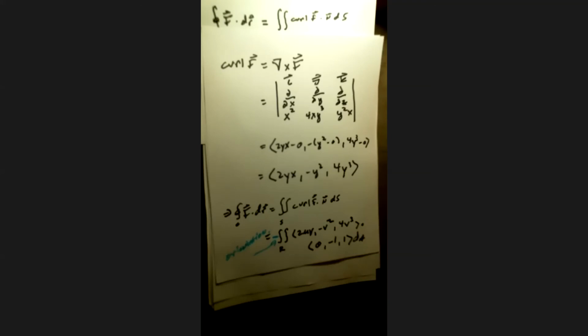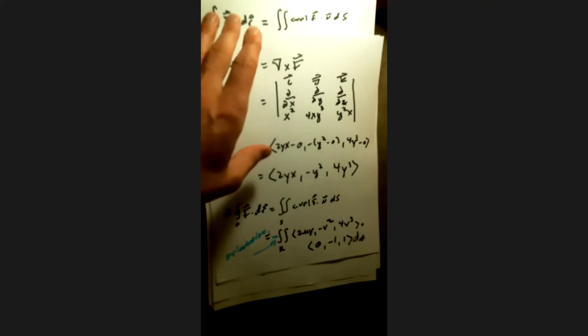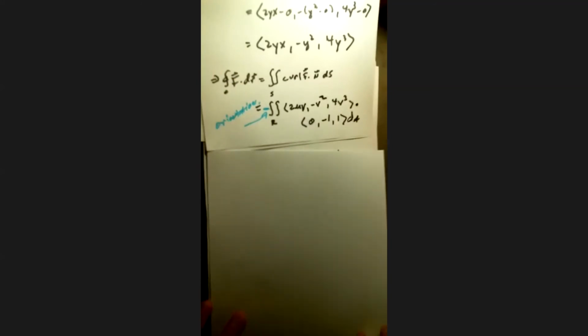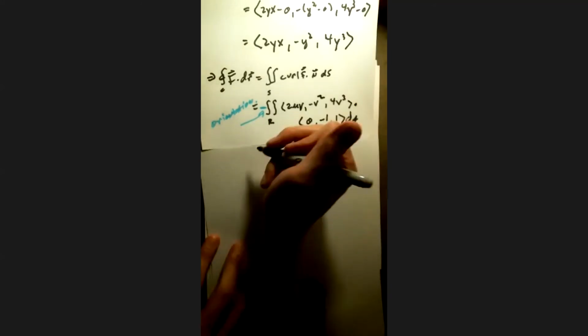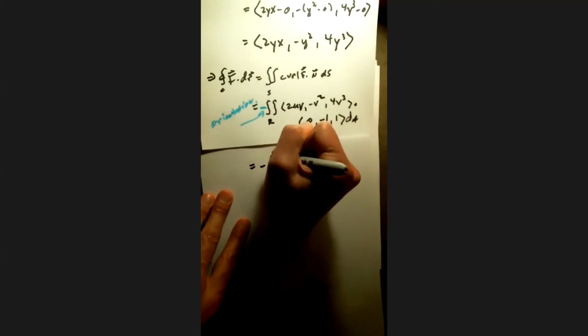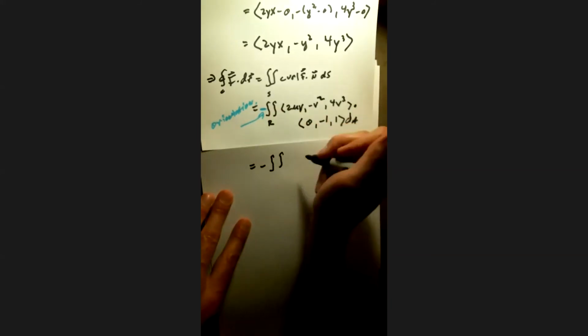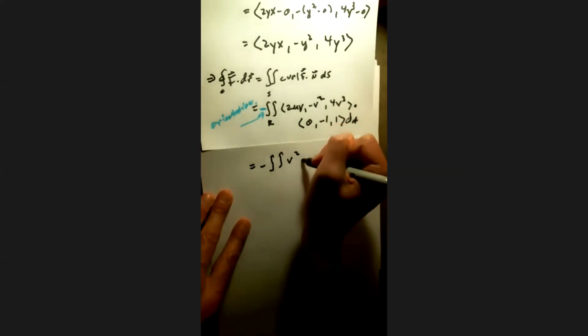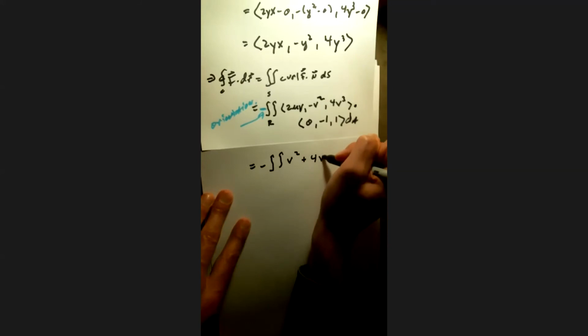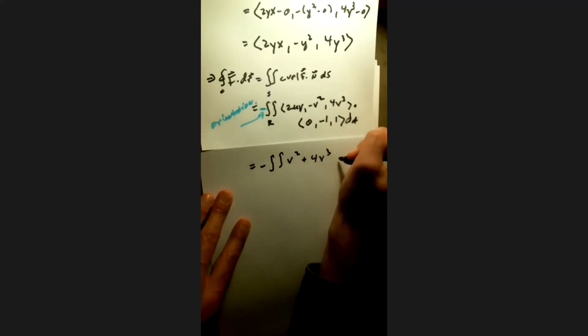Very good. So we have negative double integral of, I think I've got v squared plus 4v cubed du dv.